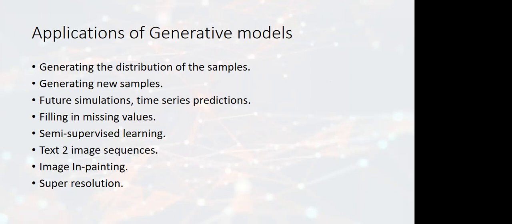So if you were to write a cat playing a piano on a ship or something like that, a GAN would generate an artificial image which matches all these descriptions, and this could be something which has never existed before. So that's pretty cool. And image inpainting is basically reconstructing slightly corrupted simulations.